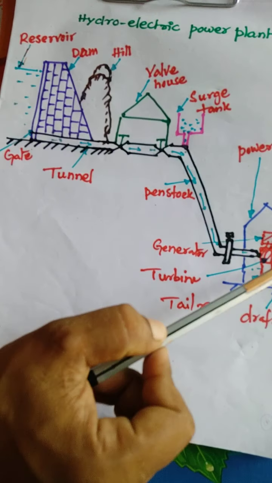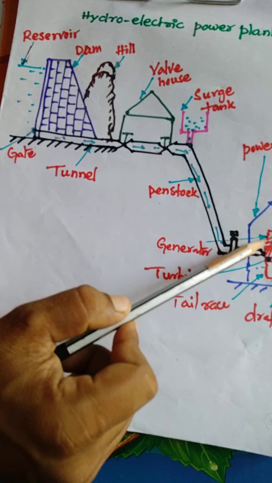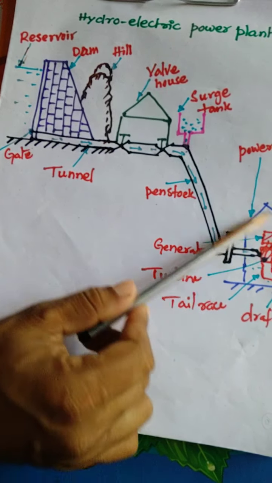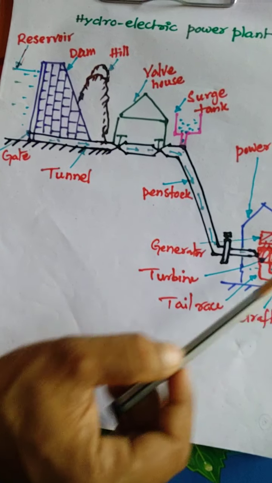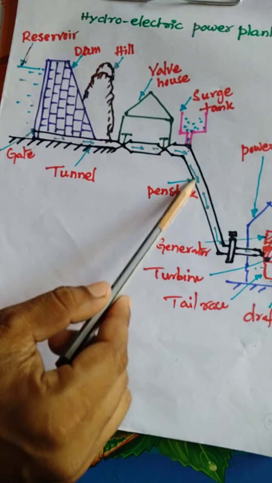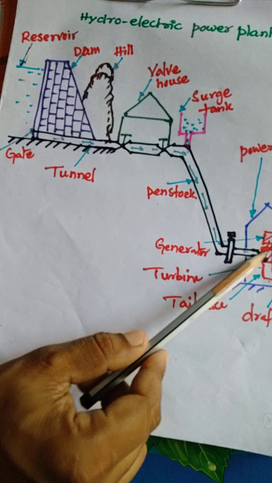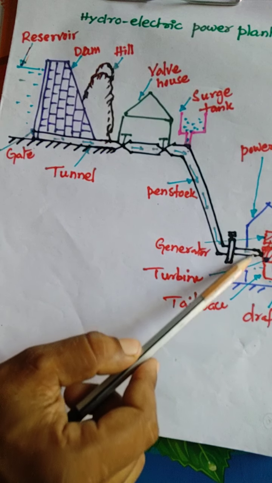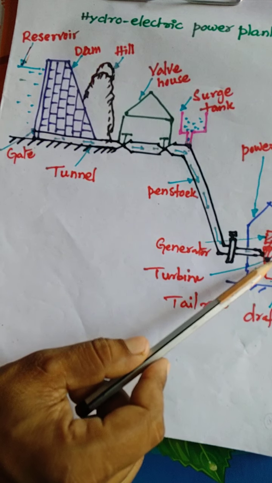This turbine and generator are housed inside the powerhouse, and the work of the turbine is to rotate. Due to the force of the water, the turbine rotates and gains mechanical energy.